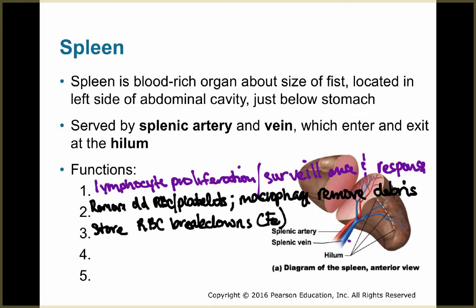It stores blood platelets and monocytes for release when needed. And it may be the site of fetal erythrocyte production.